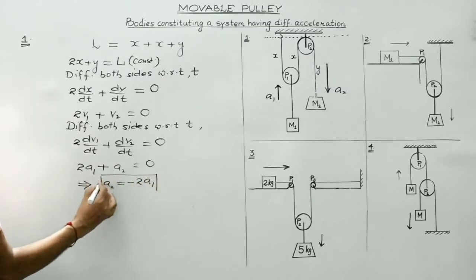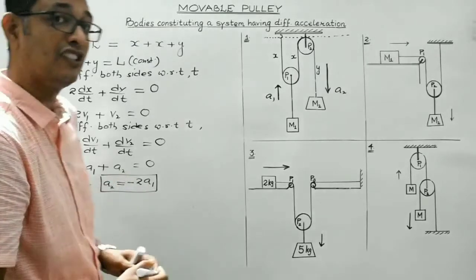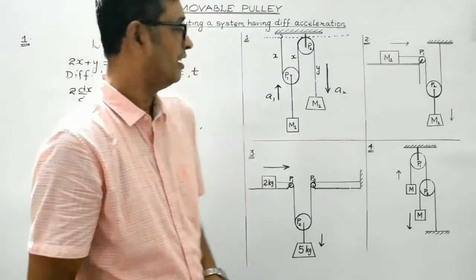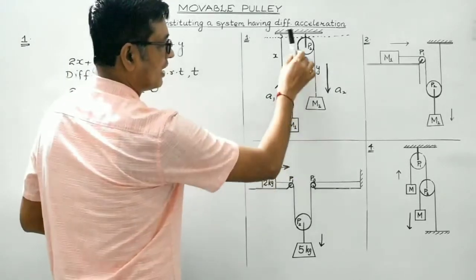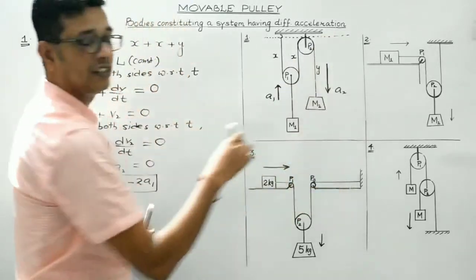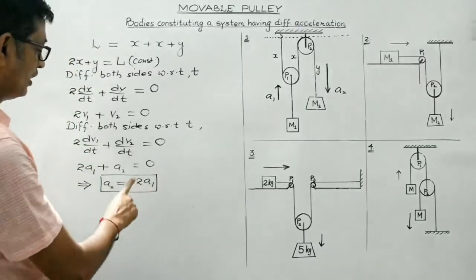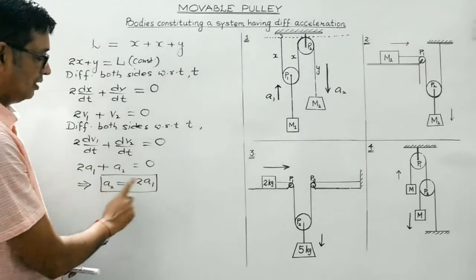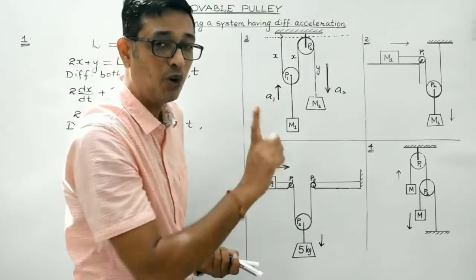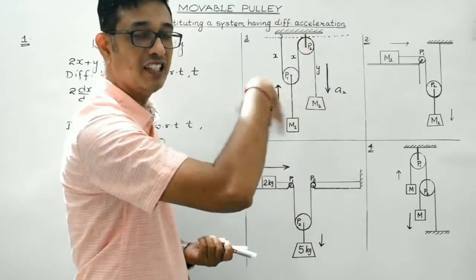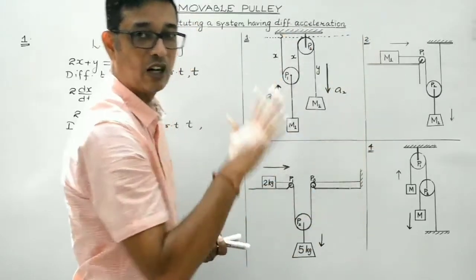Am I clear? So this is the relationship between a2 and a1. Now look, if this body accelerates in the upward direction, then this body will accelerate in the downward direction, isn't it? So the negative sign suggests that both the bodies have acceleration in opposite directions. One body has acceleration in the upward direction, then the other has acceleration in the downward direction.